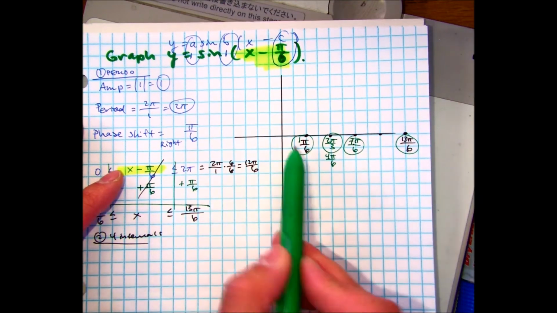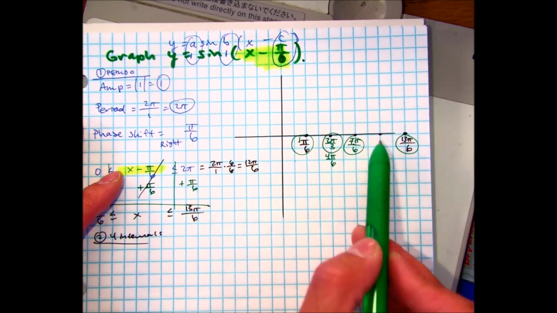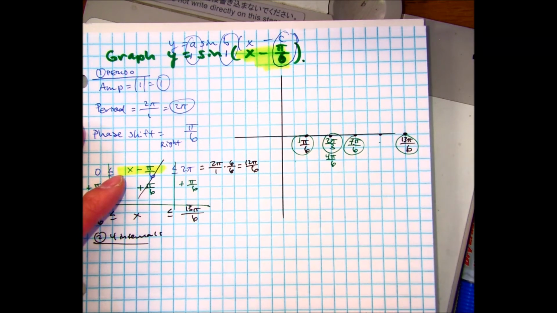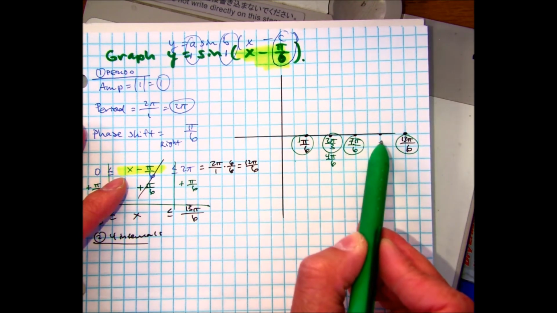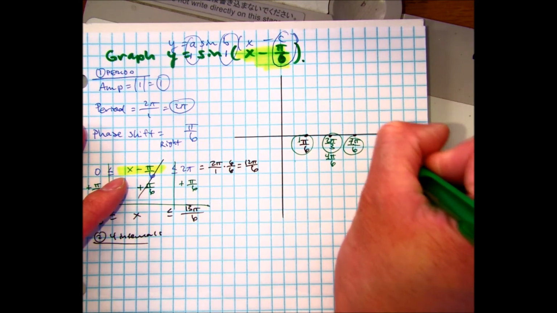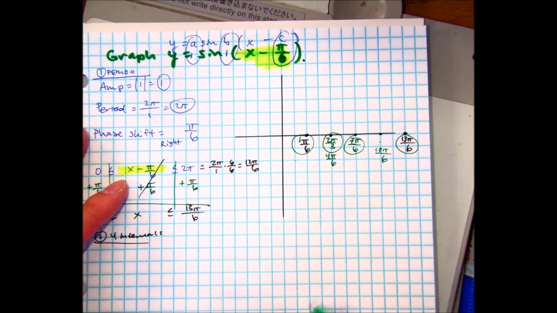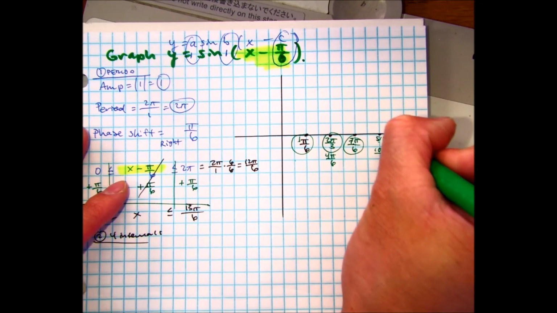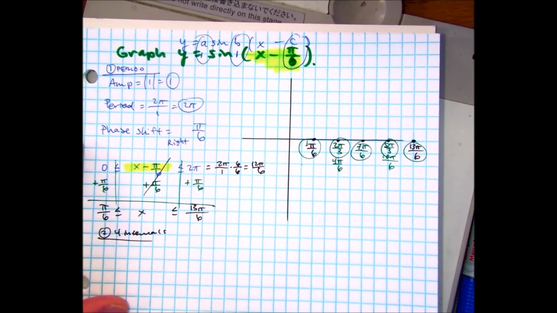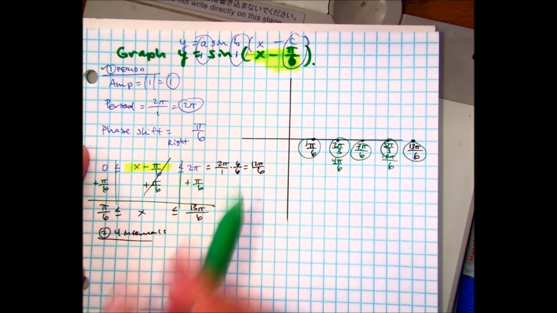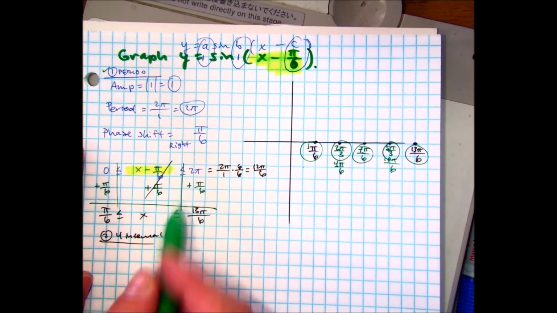Do you see a pattern? 1, 4, 7, something, 13? Yeah. What am I counting by? 3. 1, 4, 7, 10. 10 pi over 6. And that reduces to 5 pi over 3. Alright, we found our amplitude, period, and phase shift.